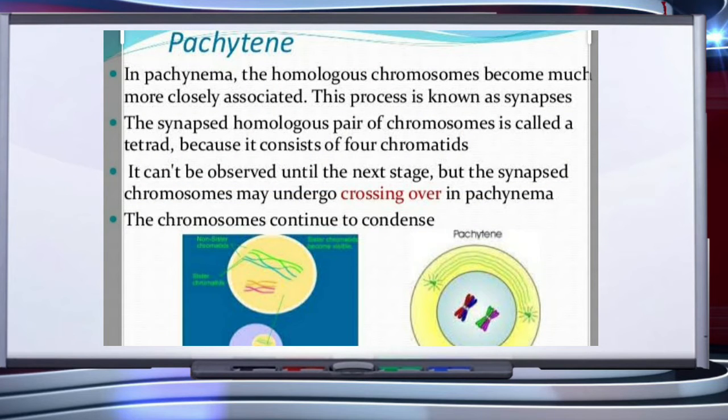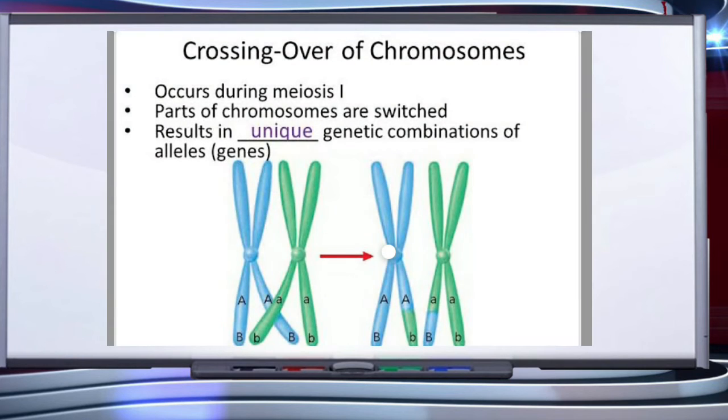The first two stages of prophase 1, leptotene and zygotene, are relatively short-lived compared to the next stage, that is pachytene. During this stage, bivalent chromosomes now clearly appear as tetrads. This stage is characterized by the appearance of recombination nodules, the site at which crossing over occurs between non-sister chromatids of the homologous chromosomes.